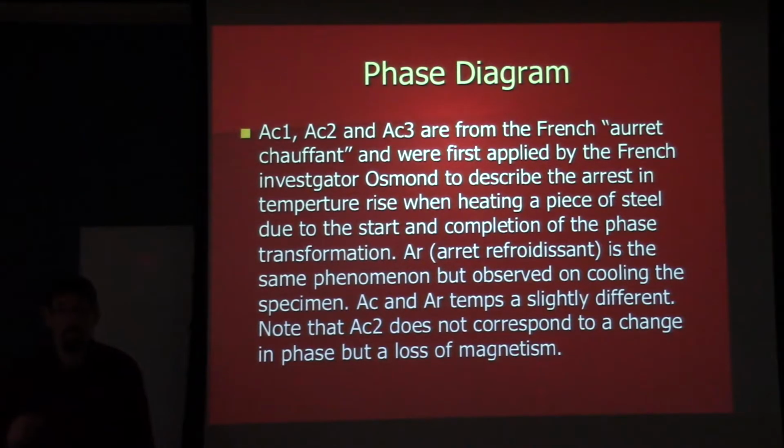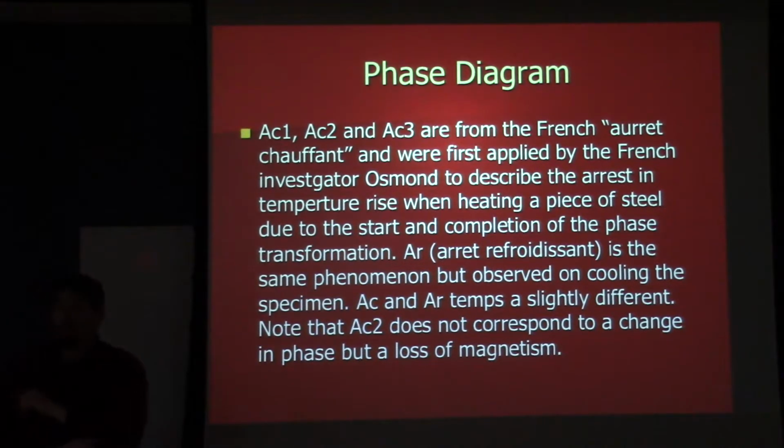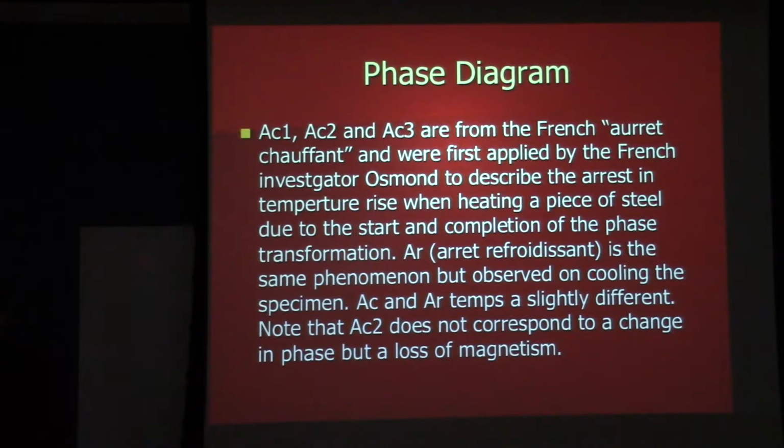So we have names for that. They come from a French word that I have put up there, but because I don't speak French, I'm not going to try and pronounce it. But we use the terms AC1, AC2, AC3 to describe those temperatures at which transformations start and end. AC1 being when it starts, AC3 being when it ends, and that's specifically for the heating condition.